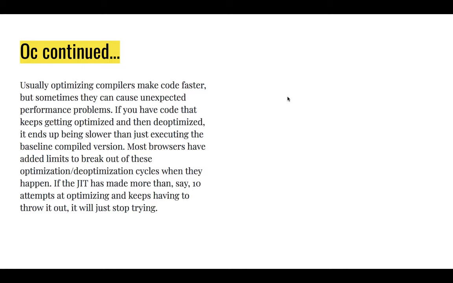Usually the compiler makes the code faster, but with JavaScript, there is no guarantee that there were similar types, or that objects were of the same shape, so we cannot make assumptions for these.